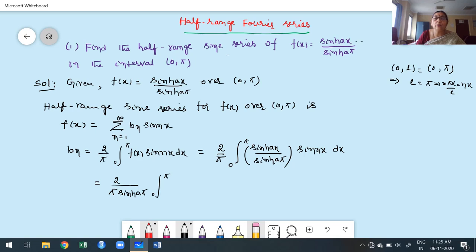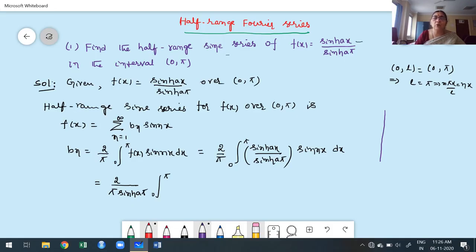You already know that a hyperbolic function can also be written in terms of exponentials. Why am I going to express the hyperbolic function in terms of exponentials? You know the formula for the integration of e power x into sine of bx plus or minus c, so it is easy to apply the formula. You already derived that result in the reduction formula. Now it is easy to proceed.